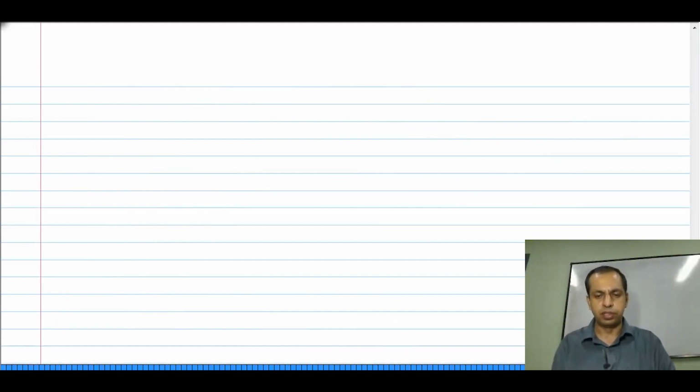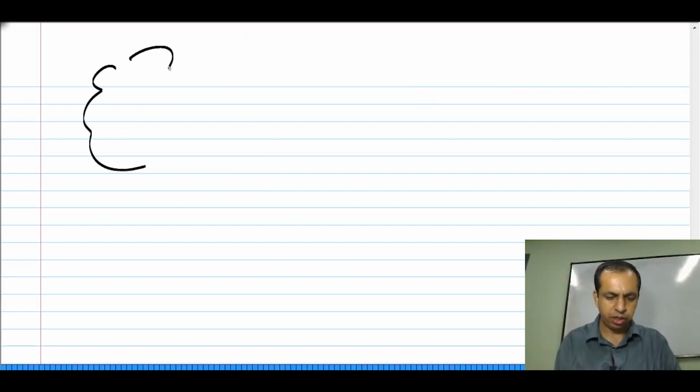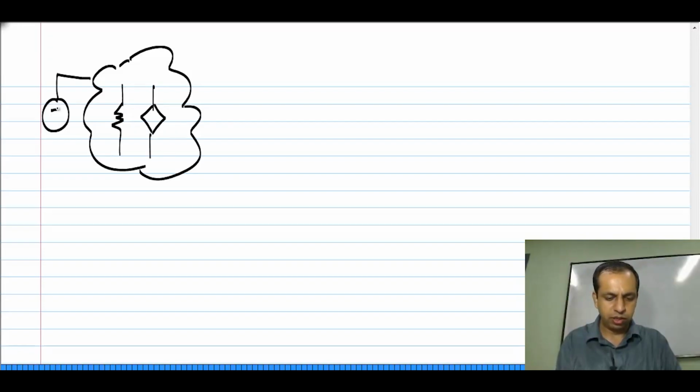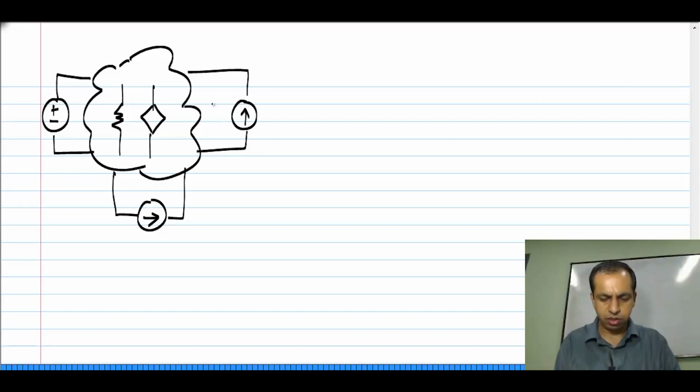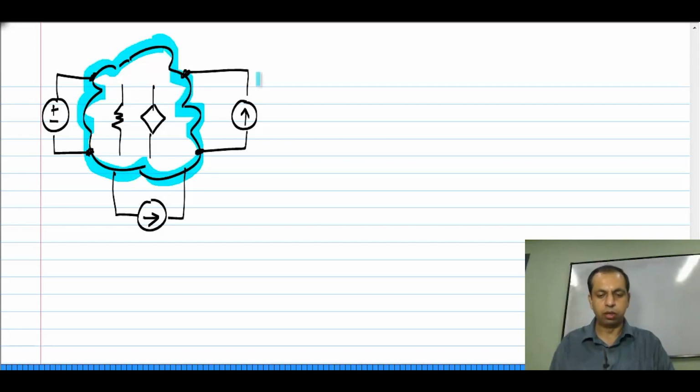So, when we have such a circuit, let me take that example again. First, I will not worry about what is in the circuit, except to say that it consists of linear elements, and I will show independent sources like this. As I said earlier, what is inside this box? Those elements are all linear. Now, we know that these independent sources are not linear.